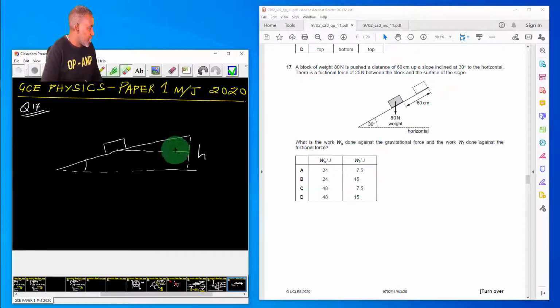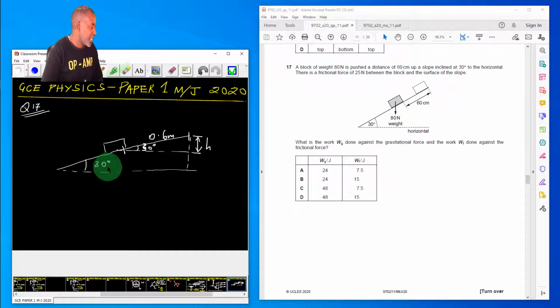Now the height that I'm concerned with is just this small height here, because the object is moving along the incline through a distance equal to 0.6 meters. From here to here is 0.6 meters. So the vertical height it gains is this one. And because I know this line is parallel to this, this angle is also 30 degrees, just like this one here.